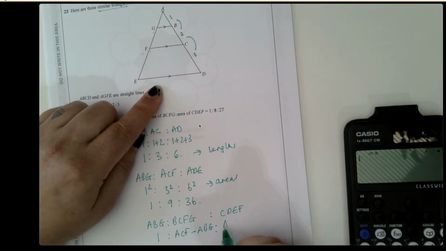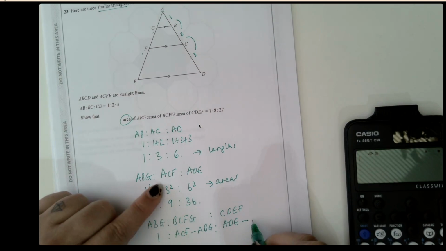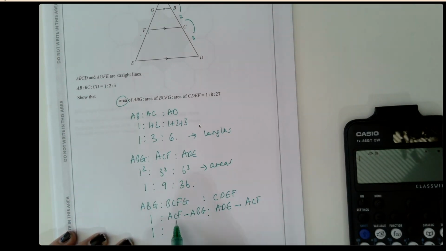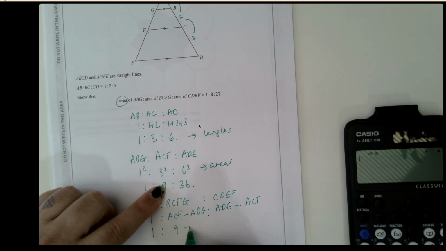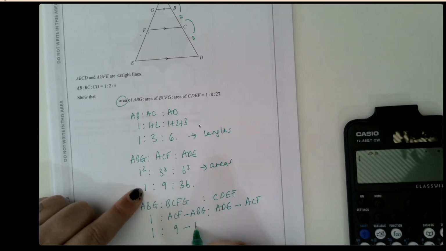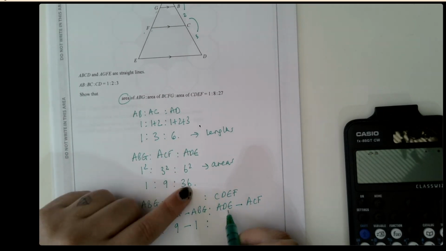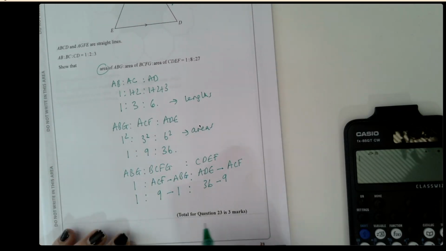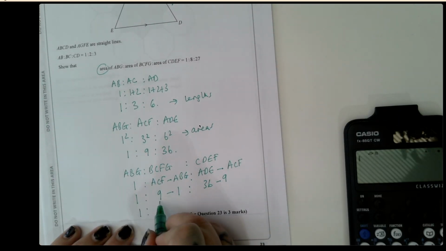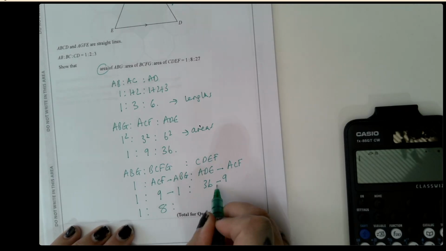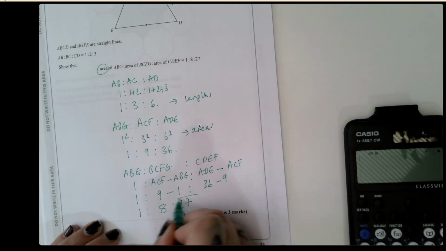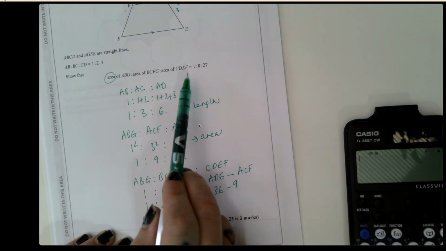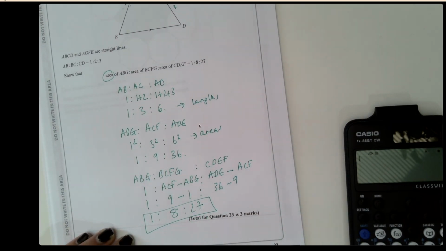So we're going to do ADE subtract ACF. So ABG, we know the area is 1. ACF is 9, subtract ABG, which is 1. ADE is 36, subtract ACF, which is 9. So we have 1. 9 take away 1 is 8. 36 take away 9 is 27. So we've shown that the areas of these parts of the shape are in this ratio.